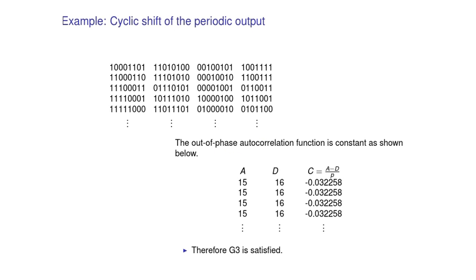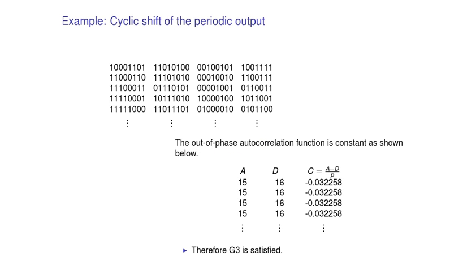So the key stream shown in line 1 will do a shift, sorry, a right shift, and the one at the rightmost corner will come to the leftmost corner.